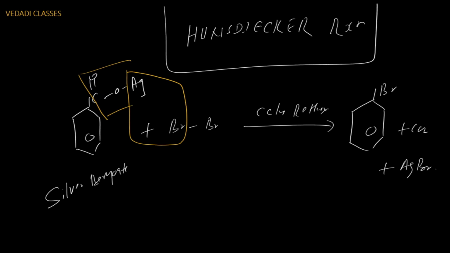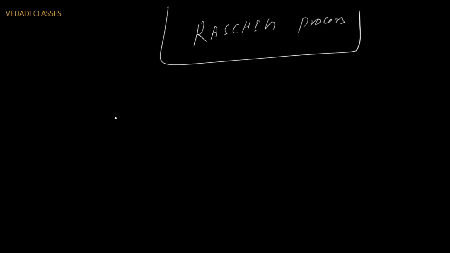Now, there is one more method of preparation, that is also a name reaction, but this is the commercial method of preparation on the large scale. It is the Raschig process. So what is the Raschig process?